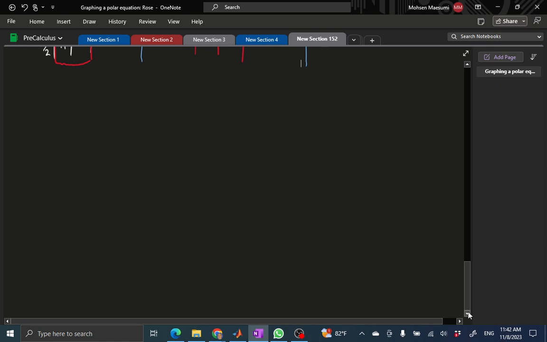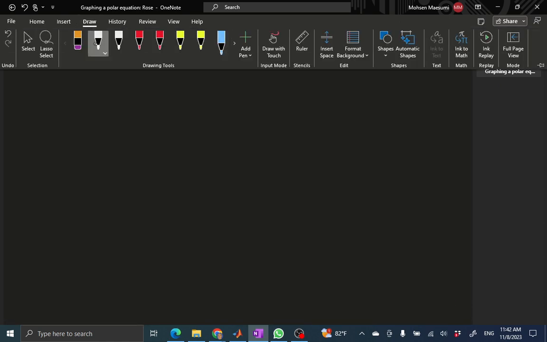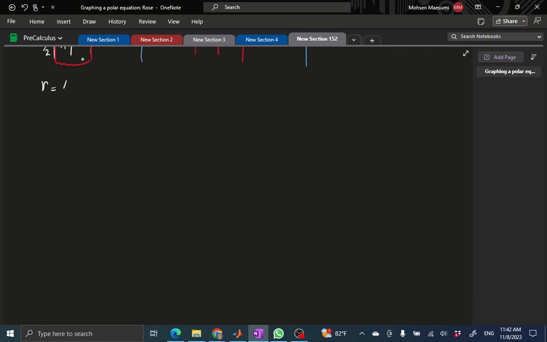So we had the problem of r is equal to 4 cosine of 2 theta. So we had this picture. We got this picture. It came like this, came like this, came like that. Perhaps a little bit better looking than this.